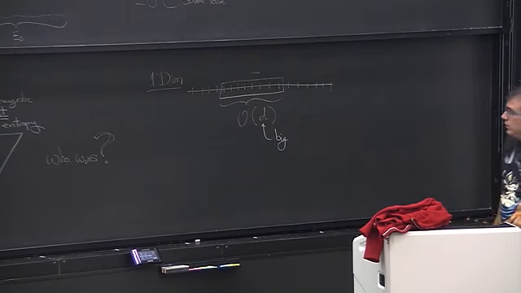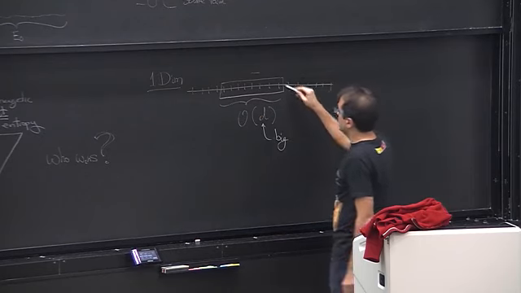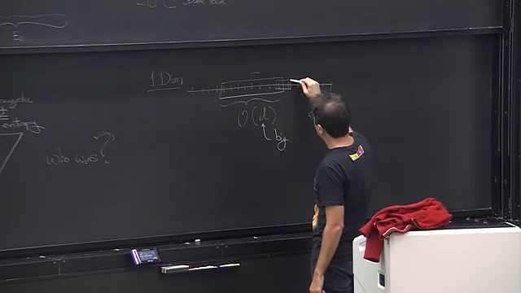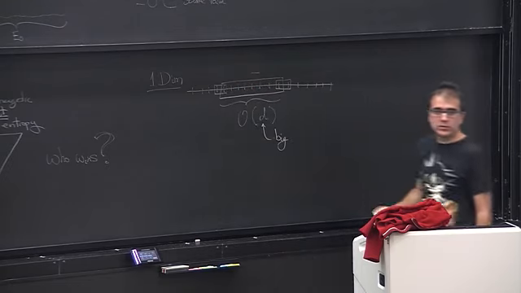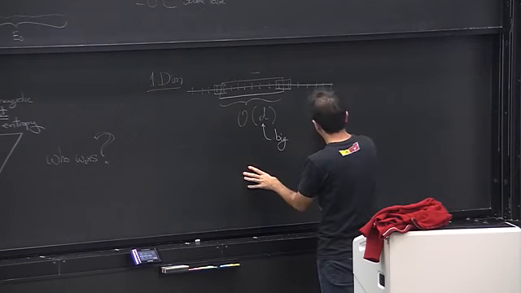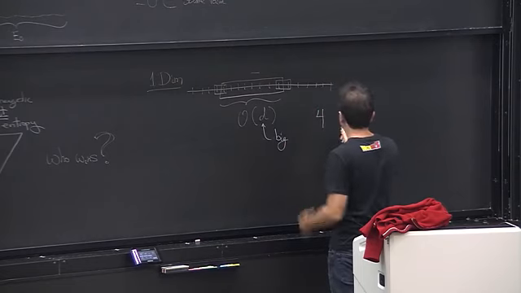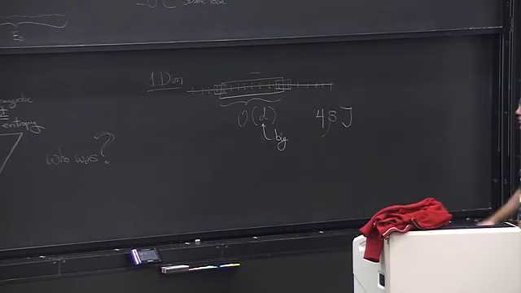Well, what's the energy cost? There are two walls which cost energy, so each energy cost was twice, so we have 2 beta J. That's the energy contribution.